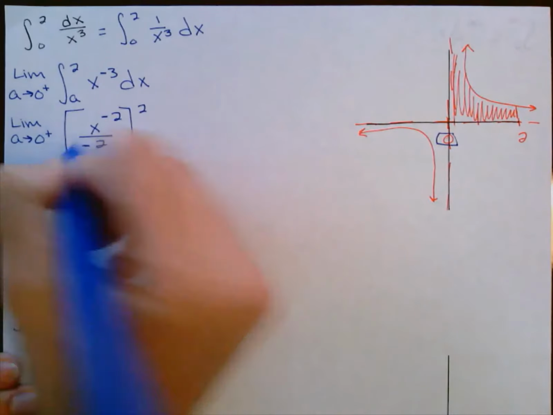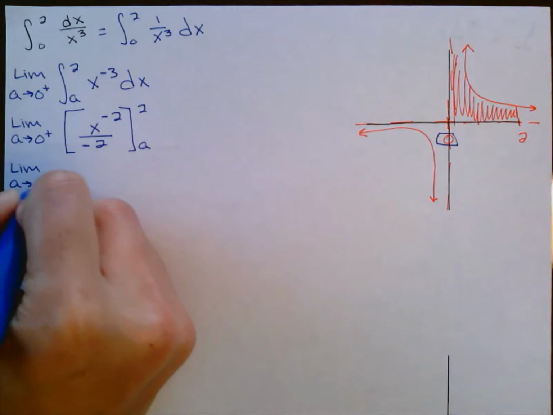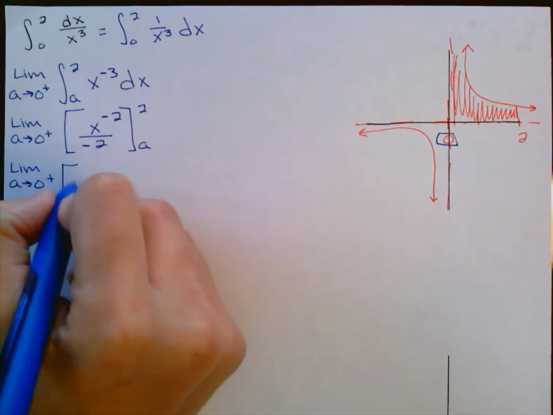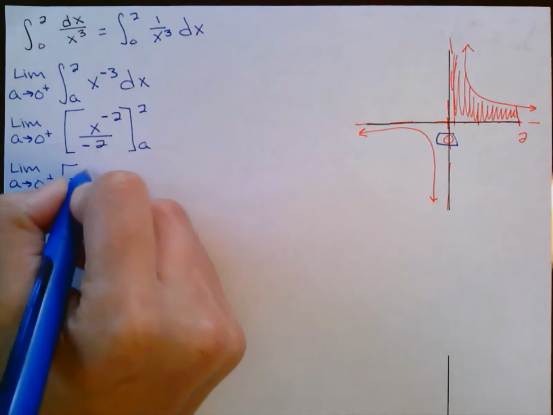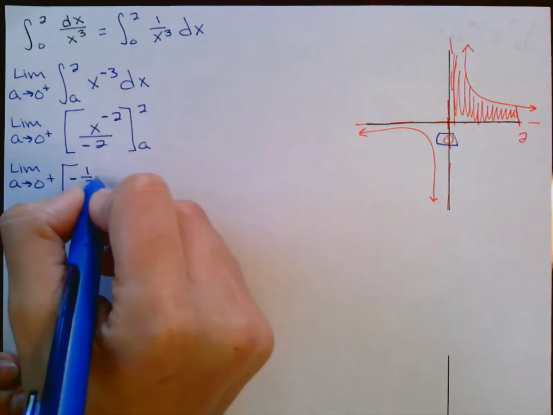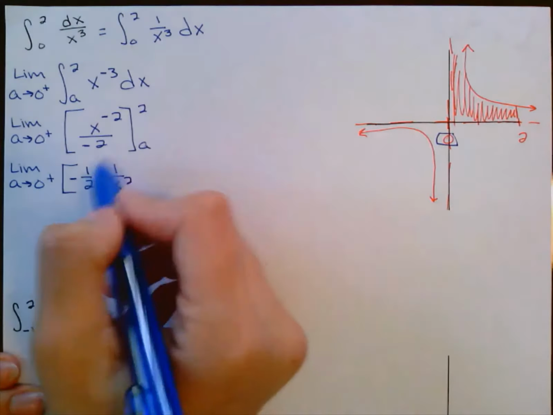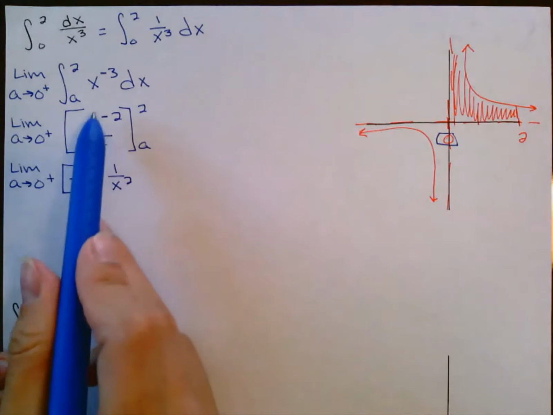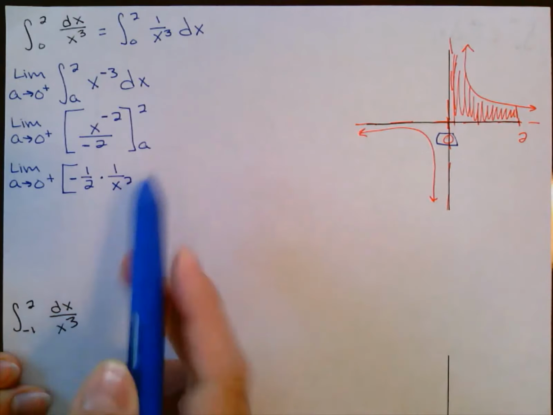Okay, keep writing that notation, and now I'm going to rewrite this one more time if you don't mind. I'm going to put negative 1/2 times 1 over x squared. So instead of saying divided by negative 2, I put times negative 1/2. And I brought that down, that x to the negative second, as 1 over x squared.